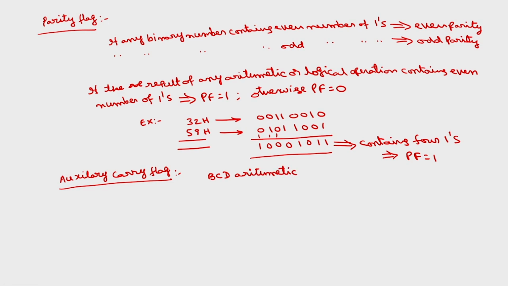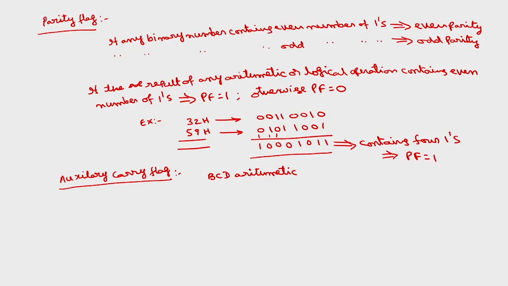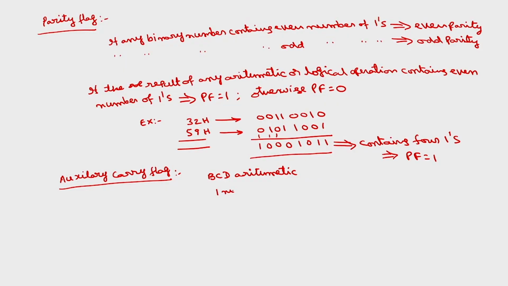In BCD addition and subtraction, the lower order 4 bits will be important, whether we are going to perform packed 1 digit BCD addition or 2 digit BCD addition. 1 BCD digit means 4 bits. One nibble means 4 bits.